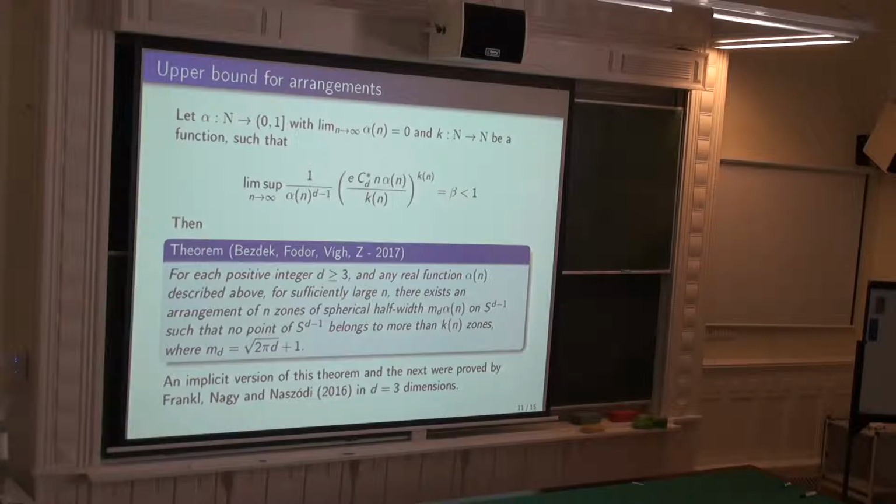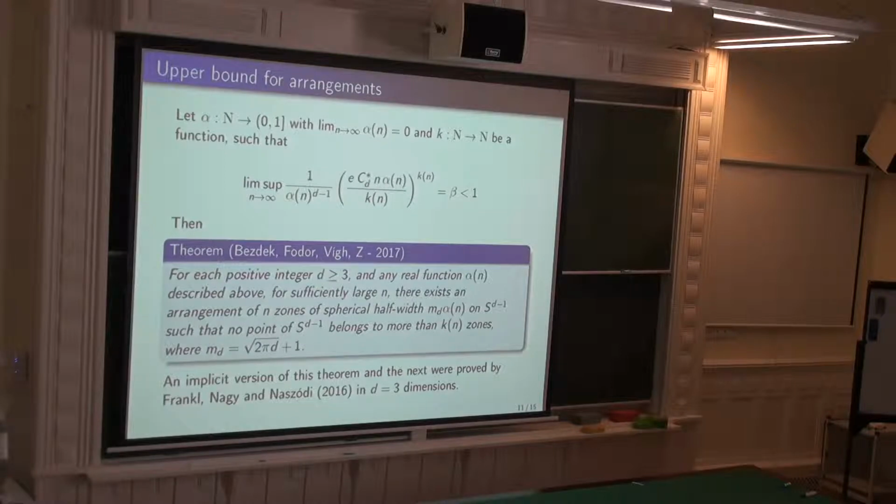Now, an upper bound for the multiplicity of arrangements. Let alpha be a function with limit 0, and k be a function such that this rather technical condition holds. Alpha will be the width of the zones, and k will be the multiplicity of an arrangement or a covering.